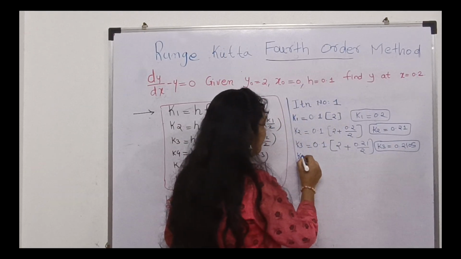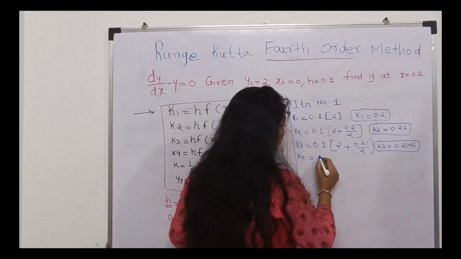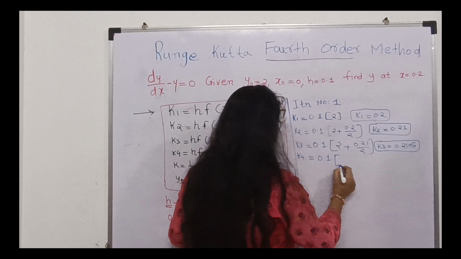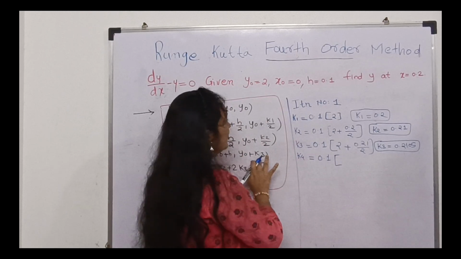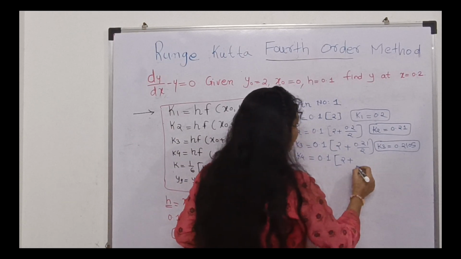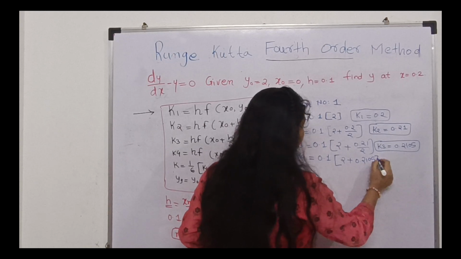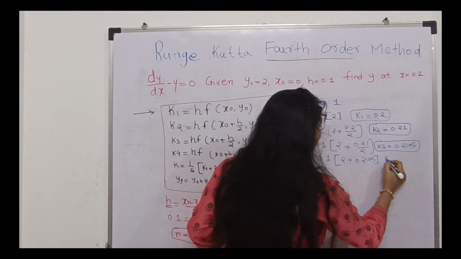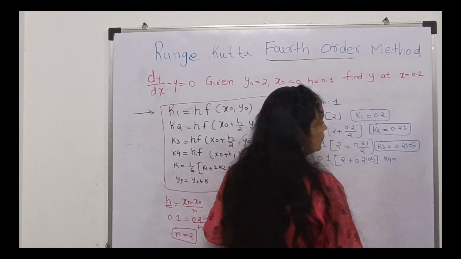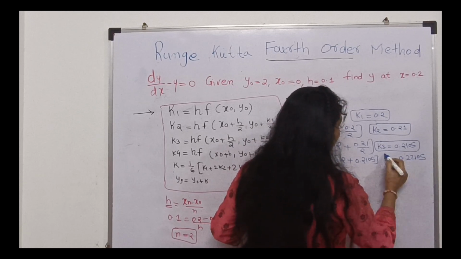So let us calculate K4. That becomes h, so 0.1 into bracket y0 plus K3. The y0 value is 2 plus K3 value 0.2105. If you calculate, you get the K4 value 0.22105.